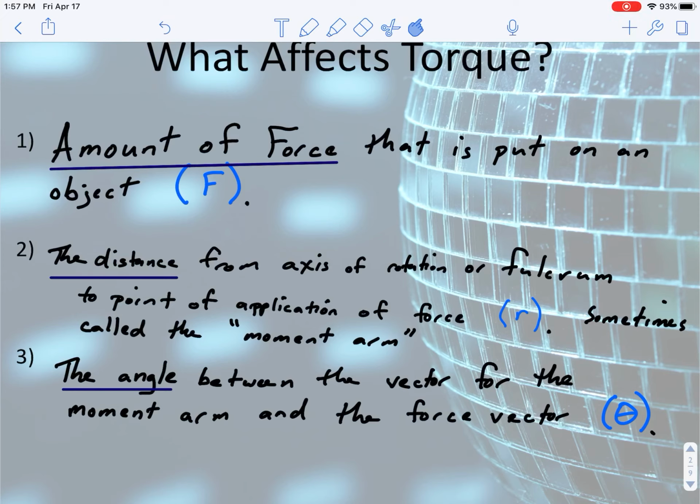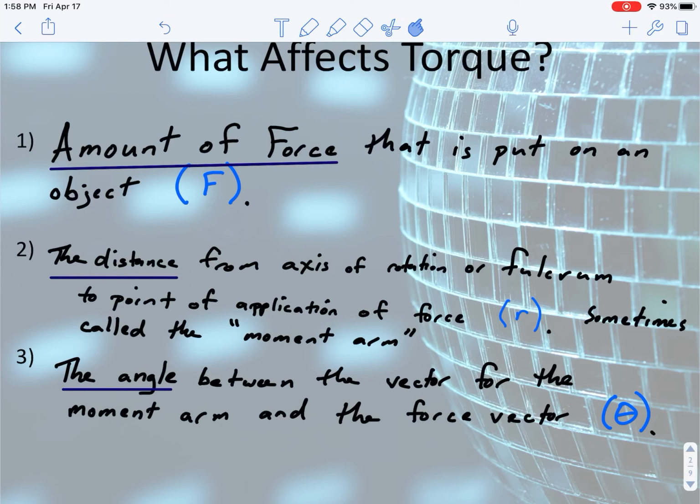You will also sometimes hear this referred to as the moment arm. The final thing we're going to look at is the angle between the vector for the moment arm, r, and the force vector, and that will be measured and given to you with the symbol theta.